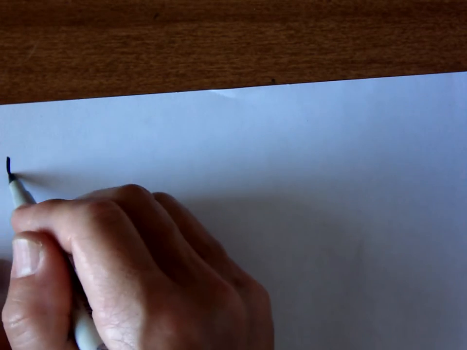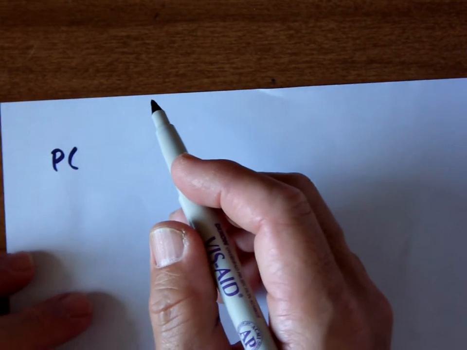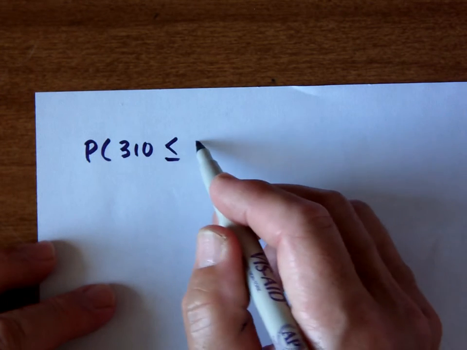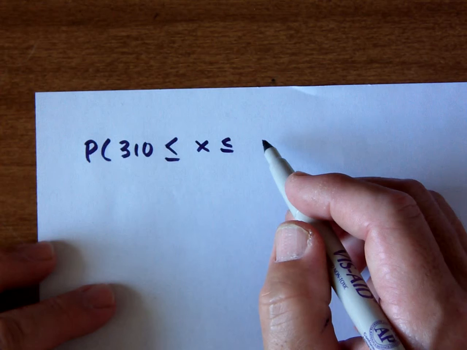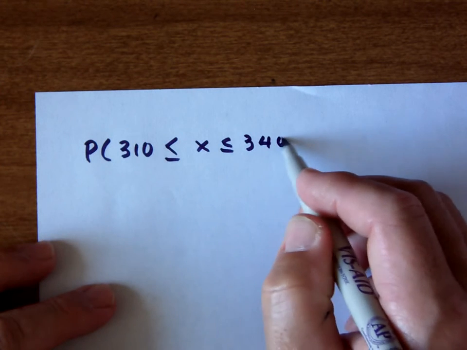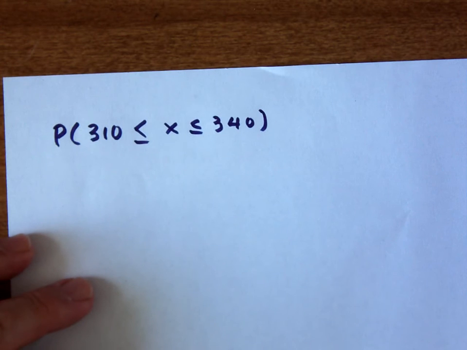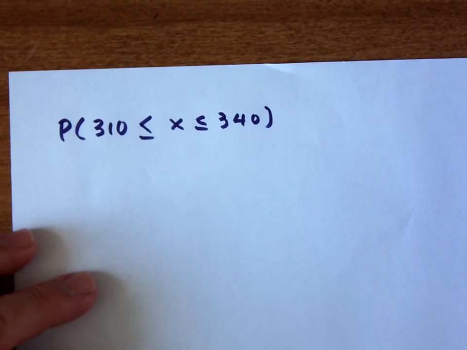This problem amounts to computing the probability that between 310 and 340 survive the journey. So x here represents the number of birds that survive the journey.